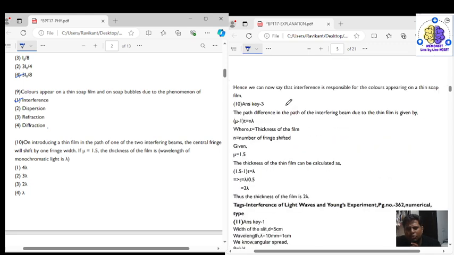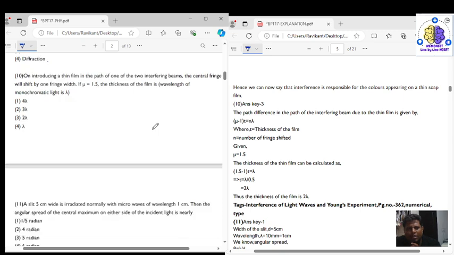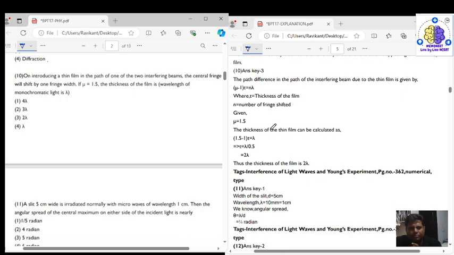Now let's come to question number 10. Question number 10 says that on introducing a thin film in the path of one of the two interfering beams, the central fringe will shift by one fringe width.